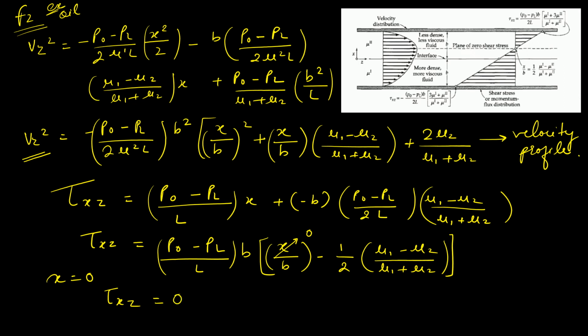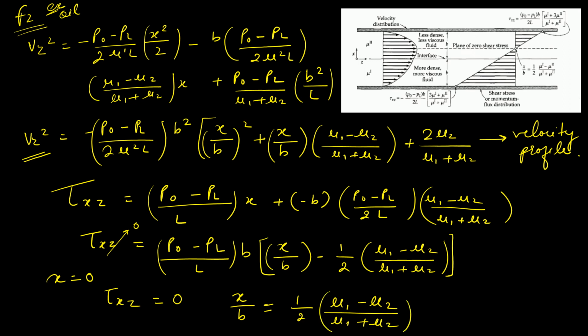So if these two terms become 0, x upon b is equal to half of (mu1 minus mu2) upon (mu1 plus mu2).